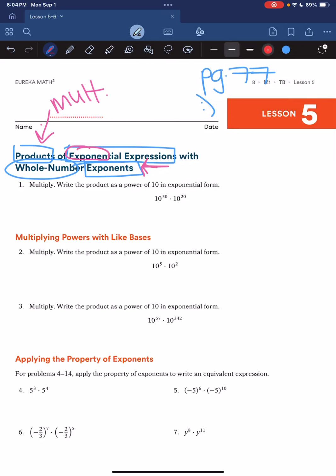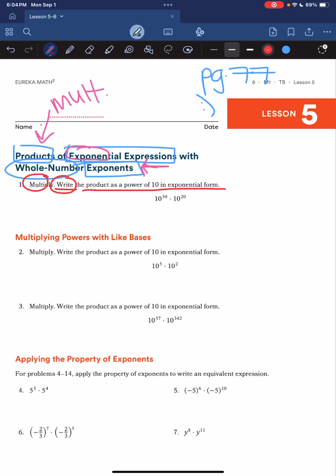If you look on problem number 1, it says to multiply and write the product as a power of 10 in exponential form. Well, we haven't seen that in a second. It's been a little while. But let's take a look at what that's asking us to do. What I'd like for you to do is pause the video and generate what you think for number 1.